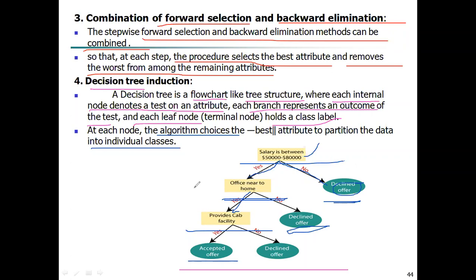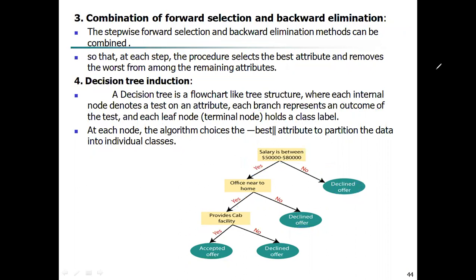In this particular decision tree, we are going to take the attributes which are important to this particular table, and based on that we are going to make the decisions. These are all the best attributes. By making the decision tree like that, we can also remove some unnecessary attributes from the table.